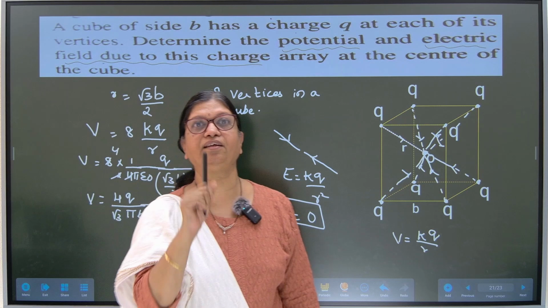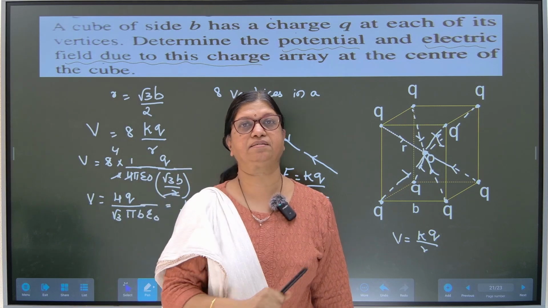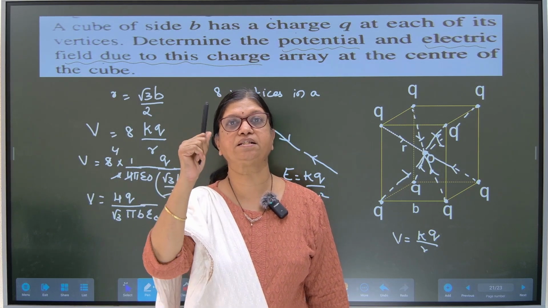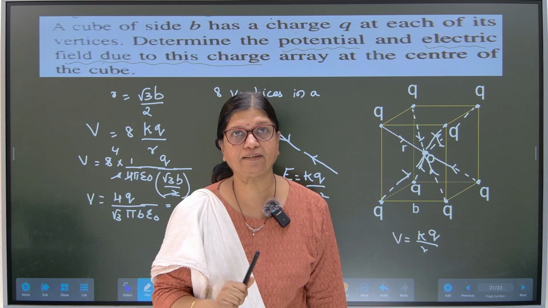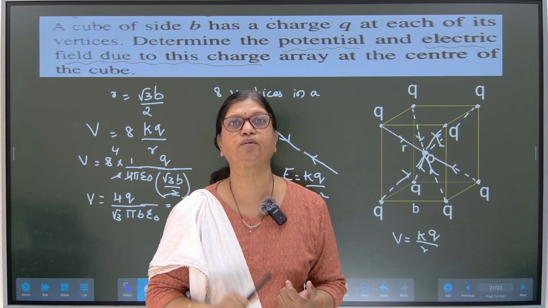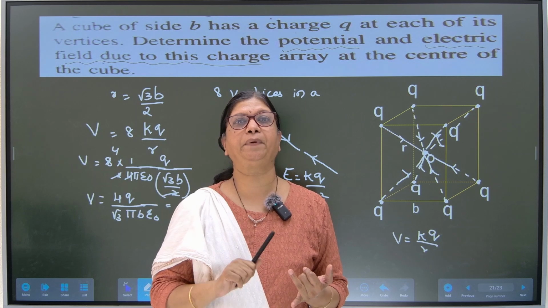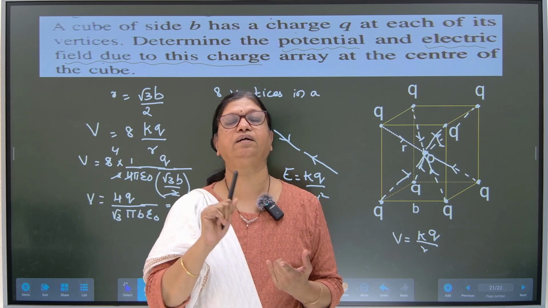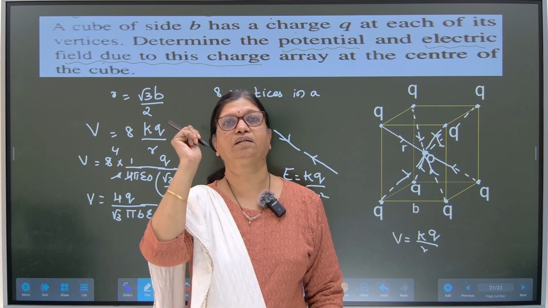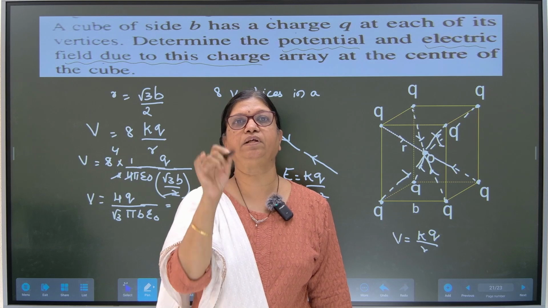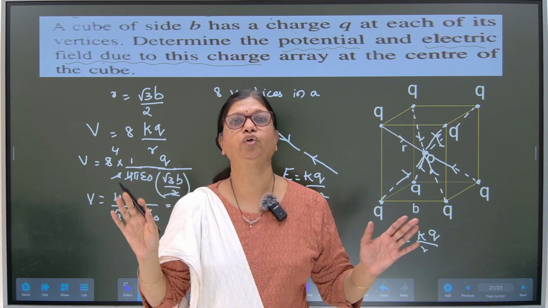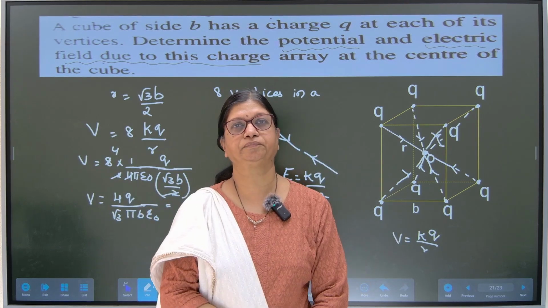For any regular surface, if charges are same and electric field is asked at the center of the regular surface, like a square, like a pentagon, like a hexagon, like a triangle, then at the center the electric field will be definitely 0. Keep it in your mind.